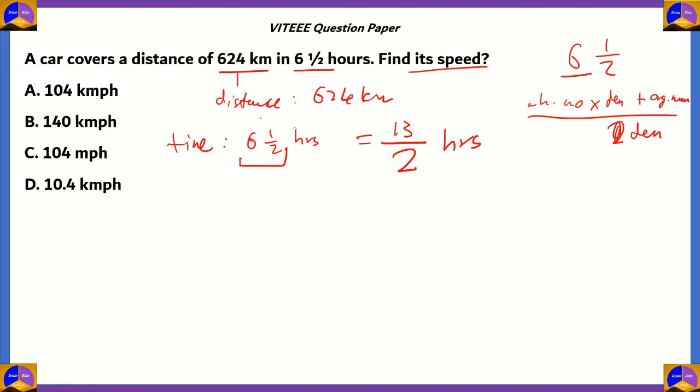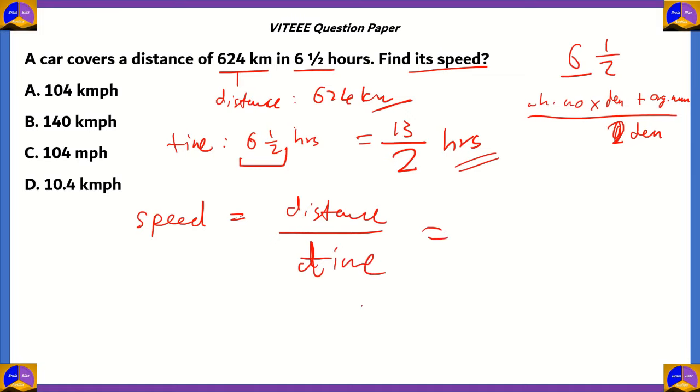We know the distance traveled by the car. We know the time that the car takes to travel that particular distance. All we need to do is find the speed. So speed here is distance divided by time.